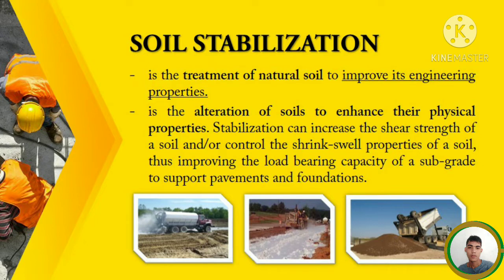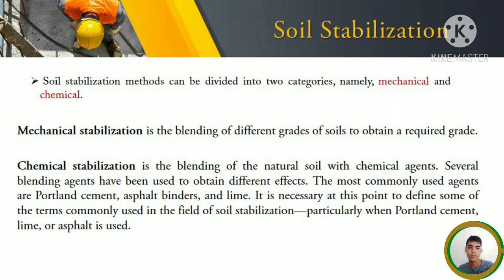These pictures are some of the examples of soil stabilization. Soil stabilization methods can be divided into two categories, namely the mechanical and the chemical. Mechanical stabilization is just the blending of different grades of soil to obtain a required grade.